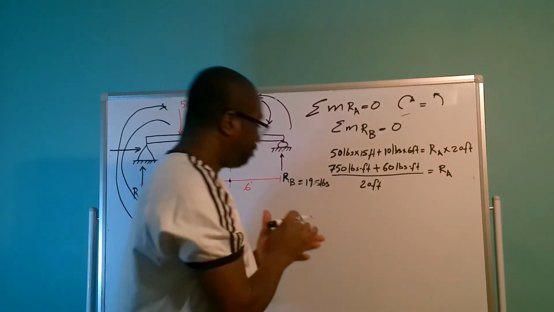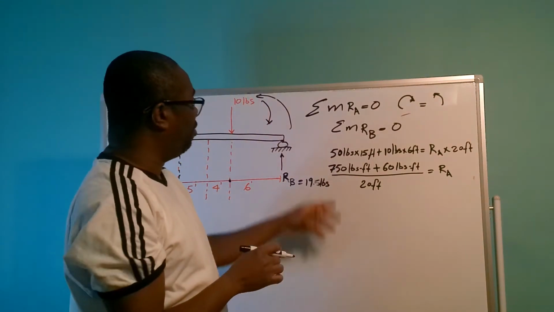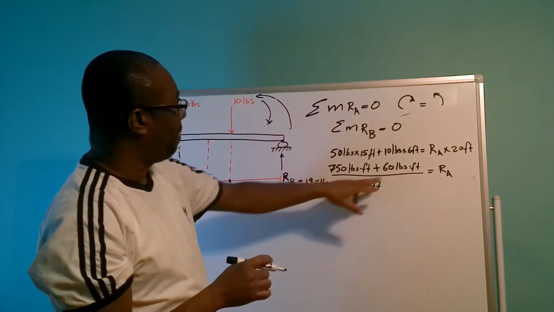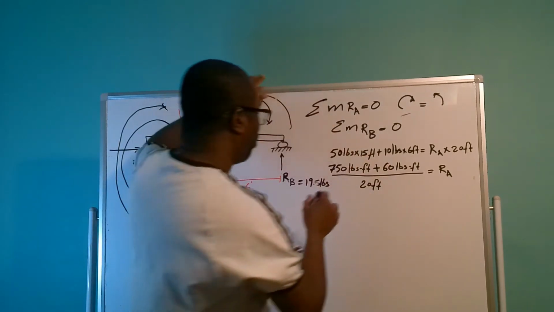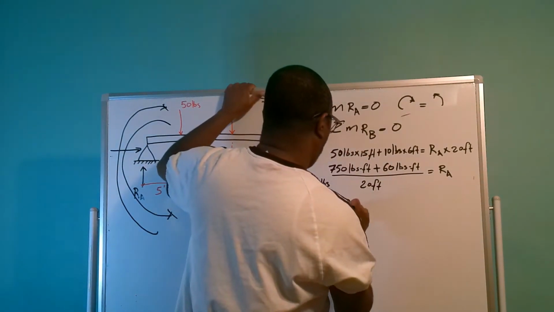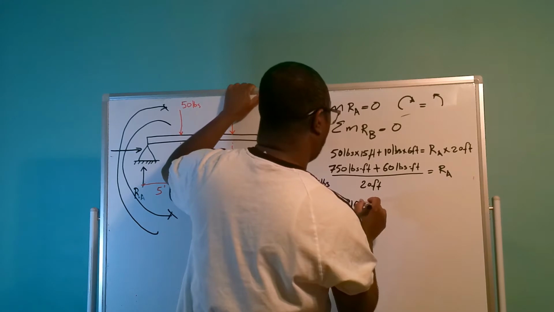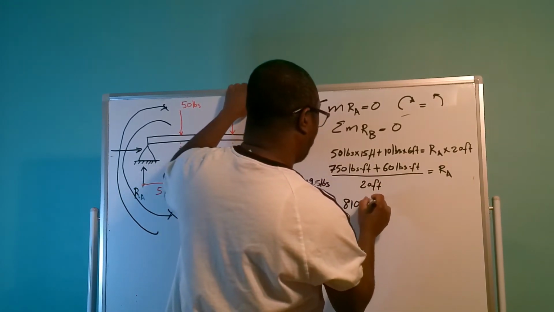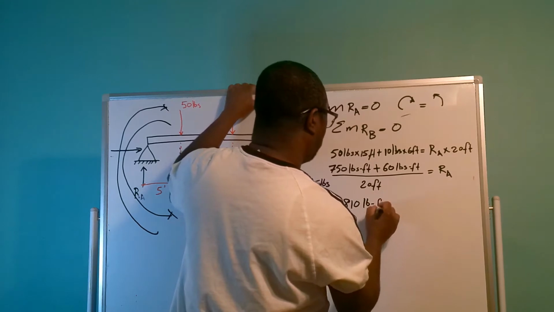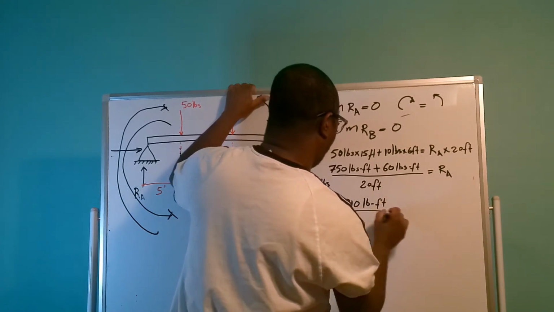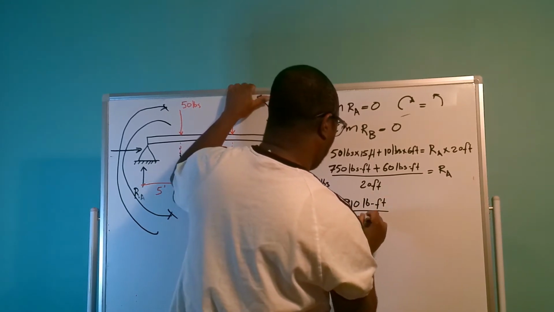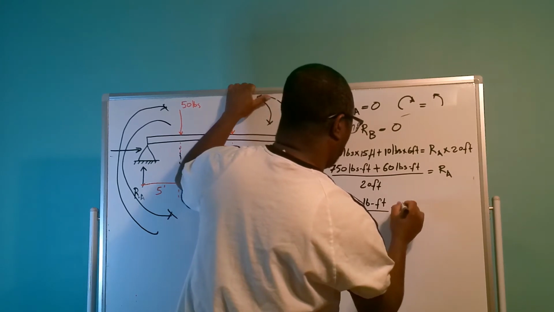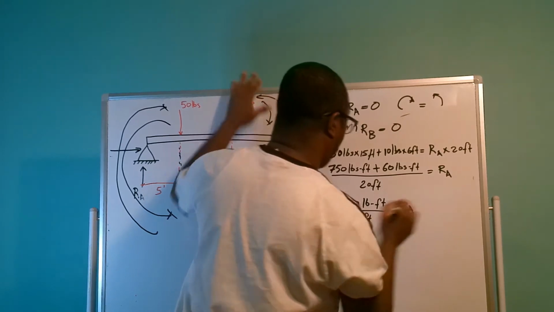See that? So we have 750 plus 60, which is 810 pounds foot, divided by 20, equal to RA.